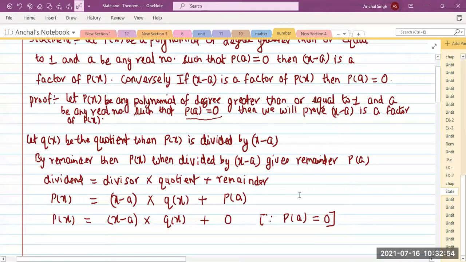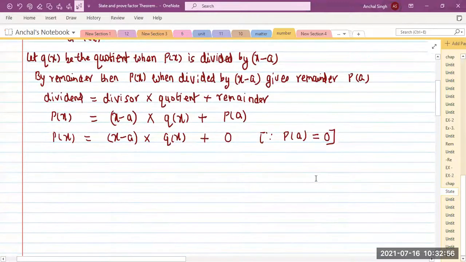Now, if in a division remainder is coming 0, what is the relationship between x minus a and Px? What can you say? X minus a is a factor and Px is dividend.